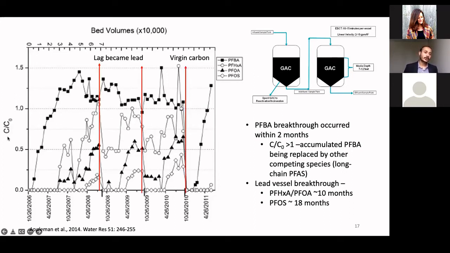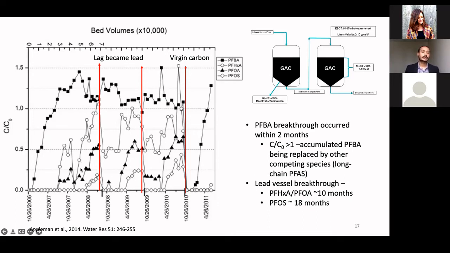And I'd like to highlight a few important dates here. This is a breakthrough curve, again C over C naught plotted against bed volumes. The points highlighted here are the exchange of the lead-lag columns, when the lead column is being replaced with fresh carbon, or both vessels are being replaced with carbon material. And clearly from these breakthrough curves, you can see the concentration of PFBA in the effluent rose very quickly, within 2 months after operation of the GAC column.